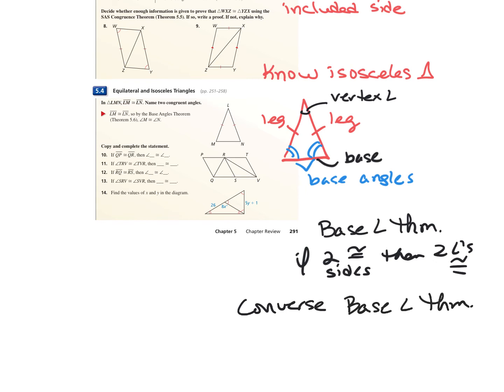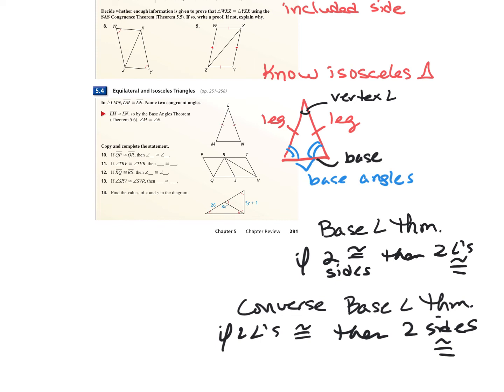This one stated that if the angles are congruent, so if we have 2 congruent angles, then the 2 sides opposite them are congruent. So the base angles theorem states that if the sides are congruent, then the angles across from them are congruent. And then the flip of that, if the angles are congruent, then you can show the sides are congruent.